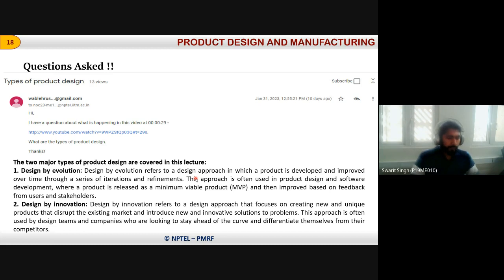Like in the market you can see vehicles, for example the Mahindra Bolero. If you see the first version of that particular vehicle, it had some other features. Now it has transformed in terms of design, engine, look, appearance, and the features provided.